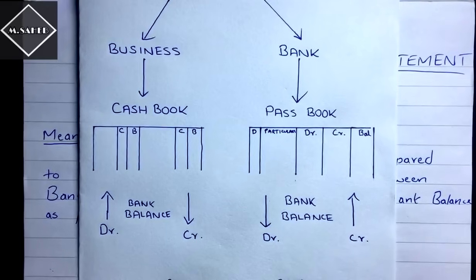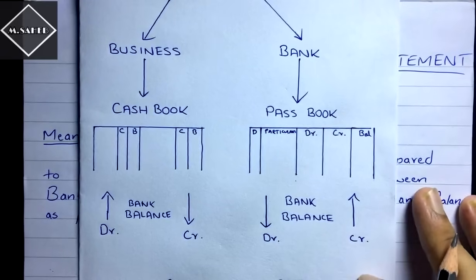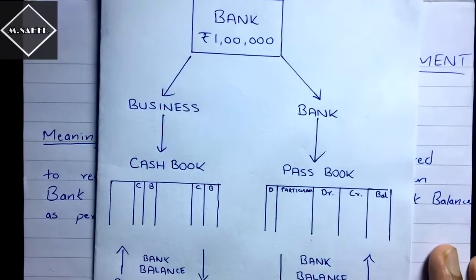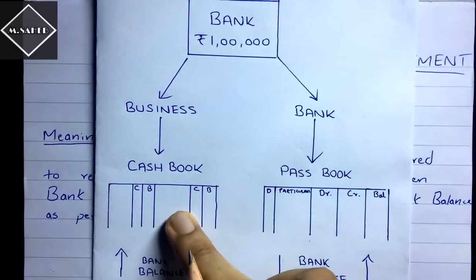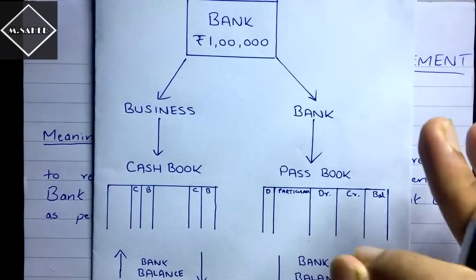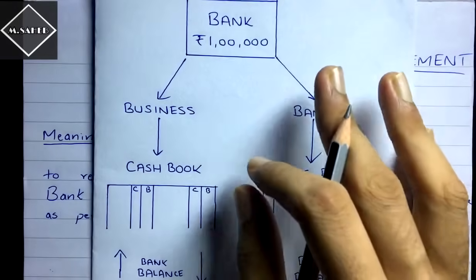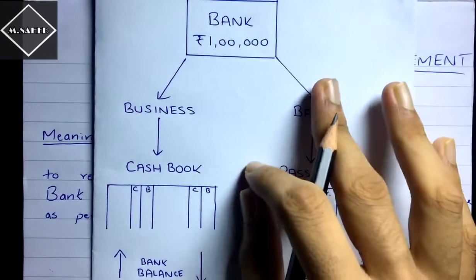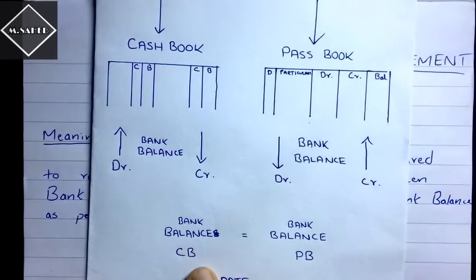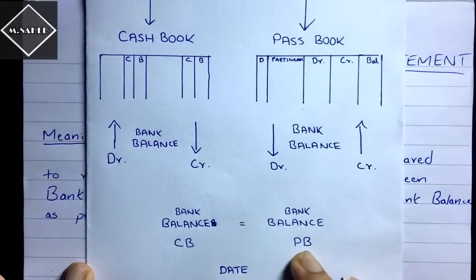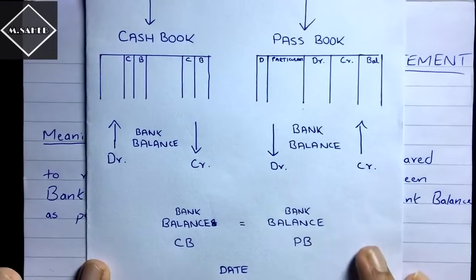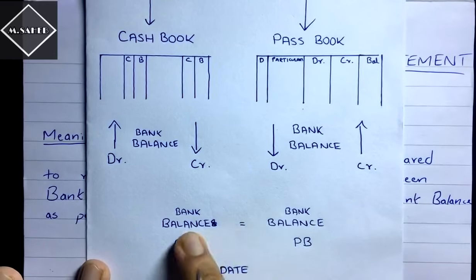Fine. And then one more thing that I need to tell you about is that there will be some items that will be recorded in the cash book at a certain point of time. At a certain date, there will be difference in the bank balance as per cash book and bank balance as per passbook. Actually, they are supposed to be same. They are supposed to be equal, all right?